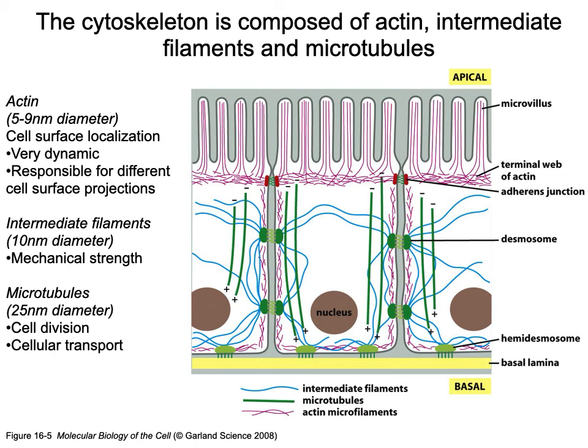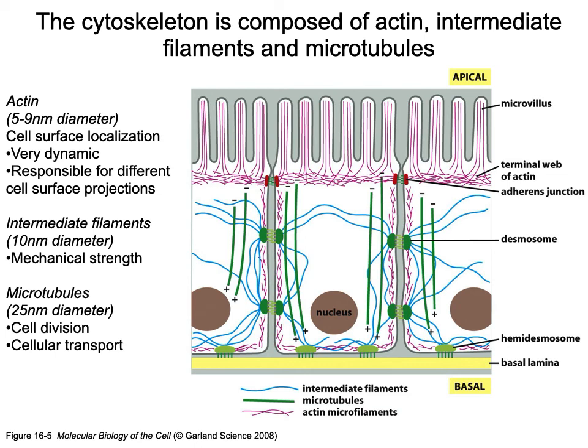In the figure these are the blue threads, and they allow for the mechanical strength of the cell. Keep in mind that cells are dynamic, they make up tissues, and those tissues are constantly moving.